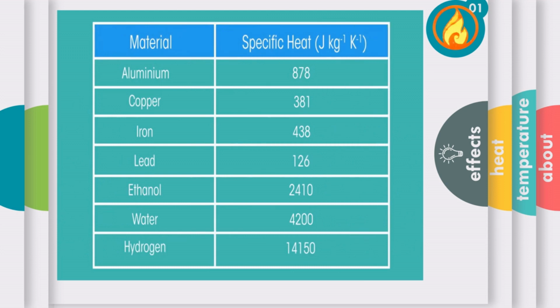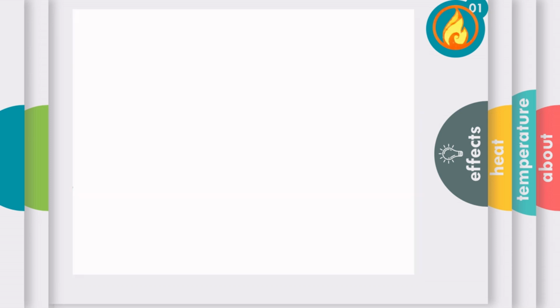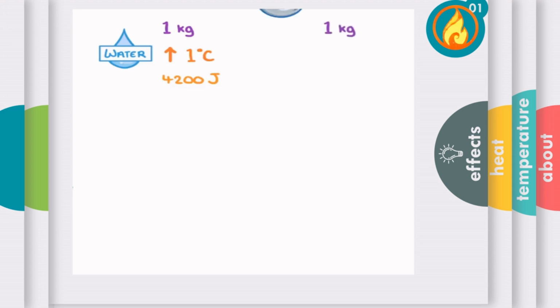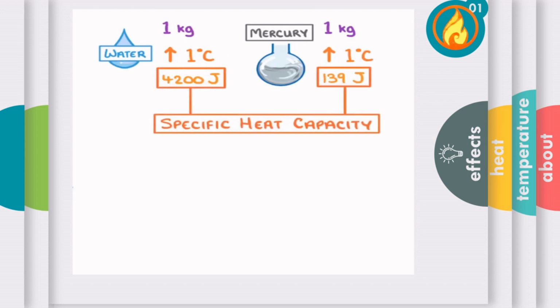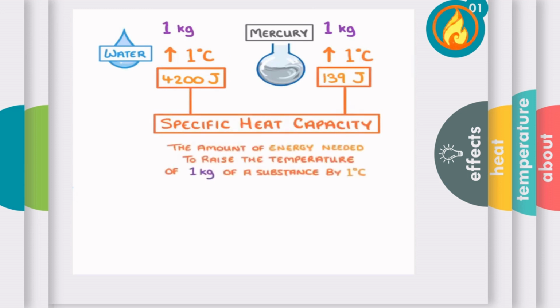Different materials have different known specific heat capacities. For example, water requires 4,200 joules of energy to warm 1 kilo of it by 1 degree Celsius, whereas 1 kilo of mercury can be heated by 1 degree Celsius with only 139 joules of energy. We call these numbers a specific heat capacity, which is the amount of energy needed to raise the temperature of 1 kilo of a substance by 1 degree Celsius.